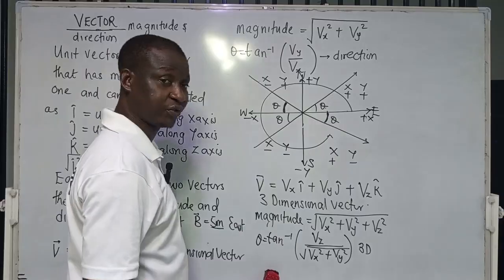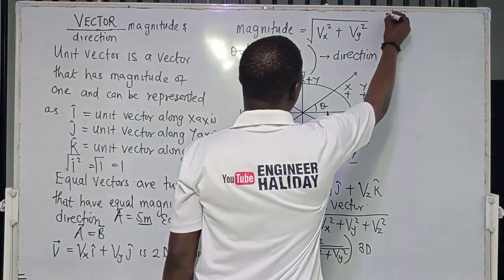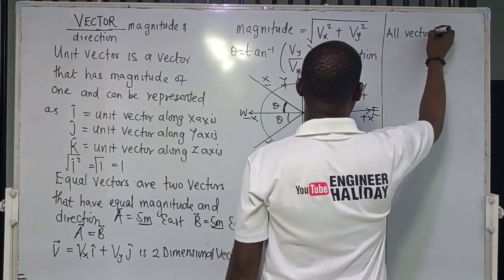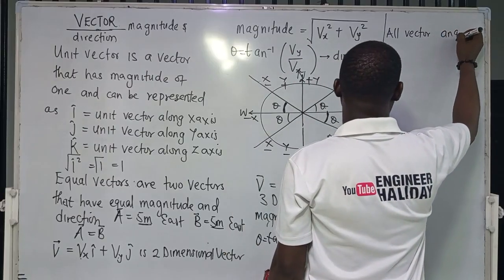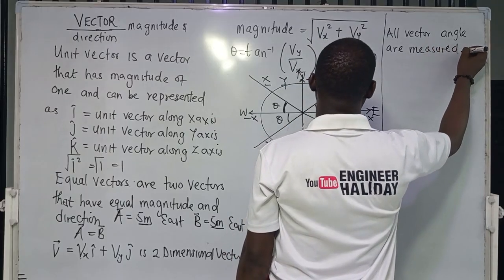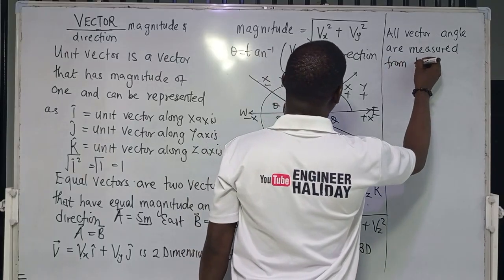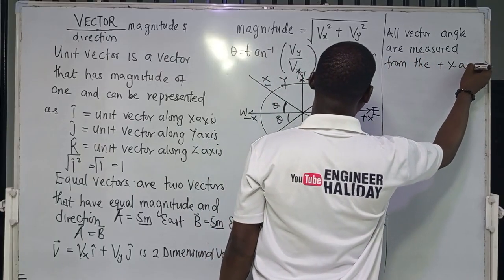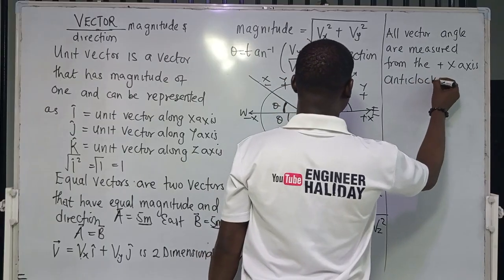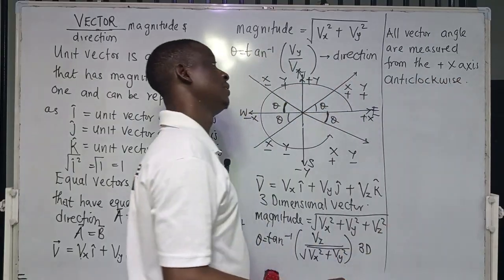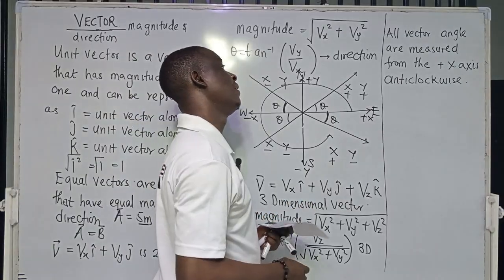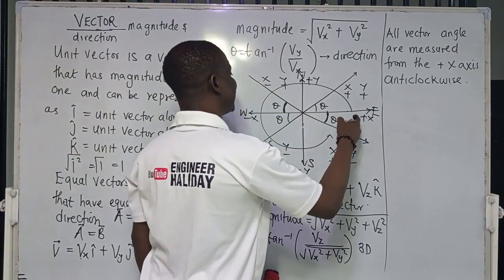All vector angles are measured from the positive x-axis, anti-clockwise. Please take note of that. All vector angles are measured from the positive x-axis, anti-clockwise.